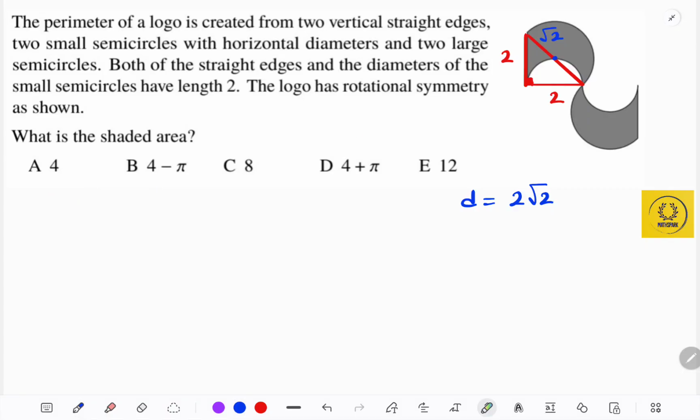And now I'm gonna find the whole area of this part, which includes the area of a right angle triangle and half of the area of a whole circle, which is a semicircle. So the area is, I'm gonna write area of right triangle plus area of big semicircle.